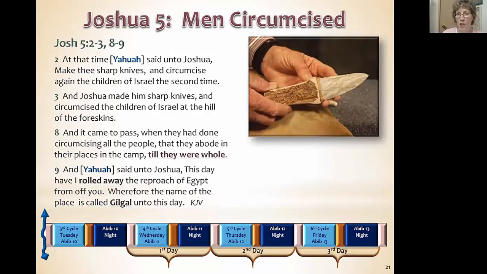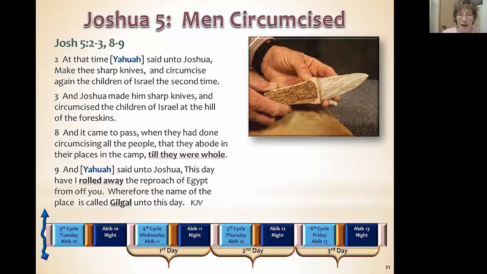In Joshua chapter 5, it's the chapter about the men being circumcised. Let's read it. It's verses 2, 3, 8, and 9. At that time, Yahuwah said unto Joshua, make thee sharp knives, and circumcise again the children of Israel the second time. And Joshua made him sharp knives, and circumcised the children of Israel at the hill of the foreskins.